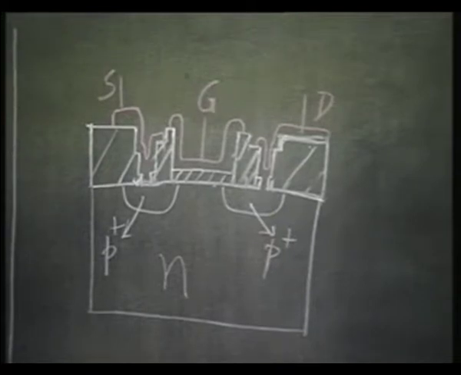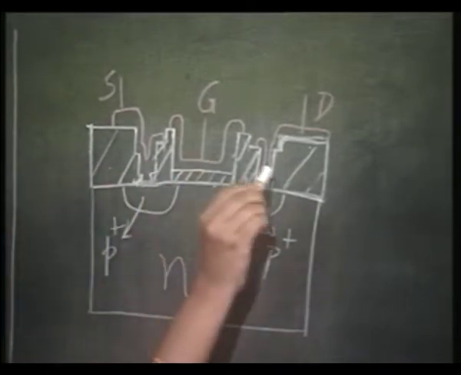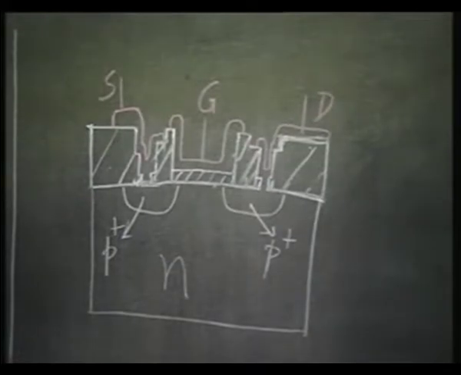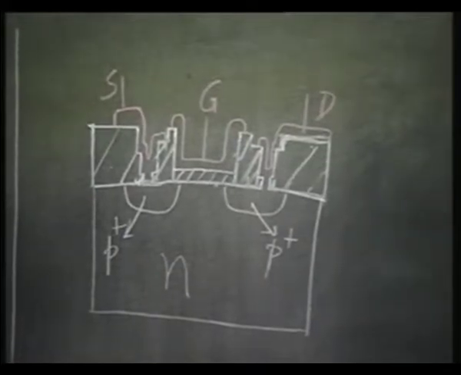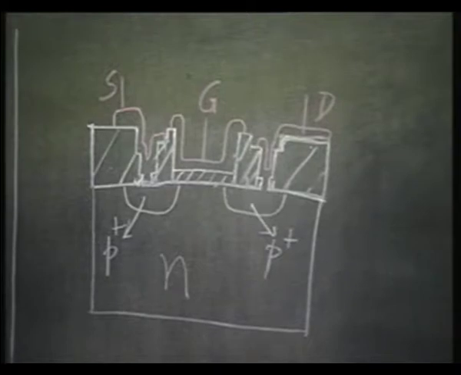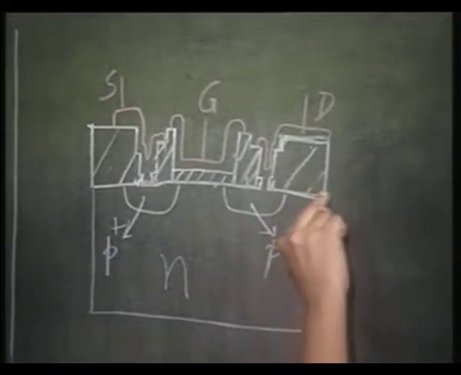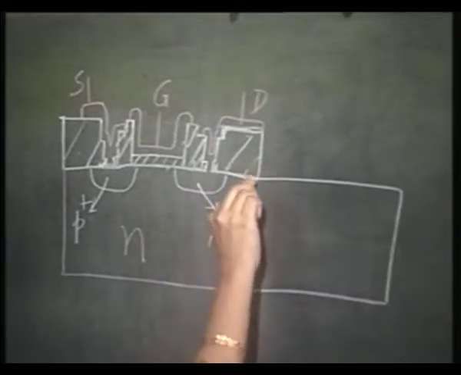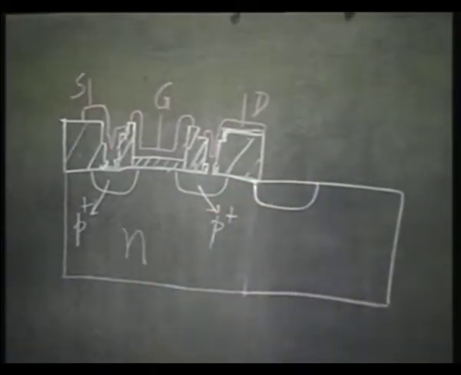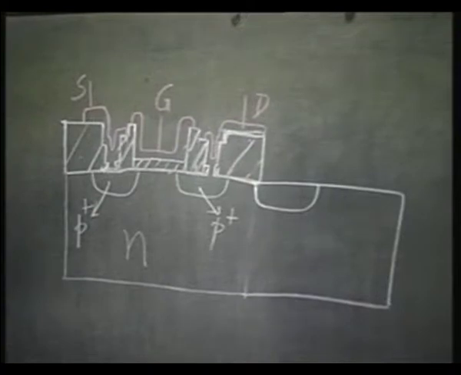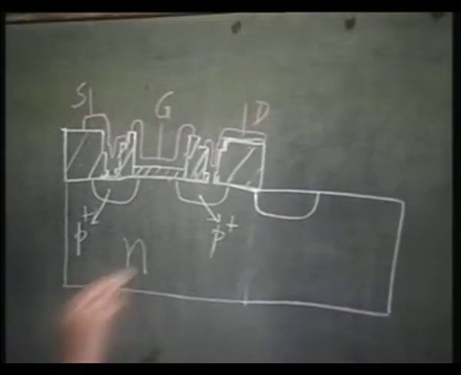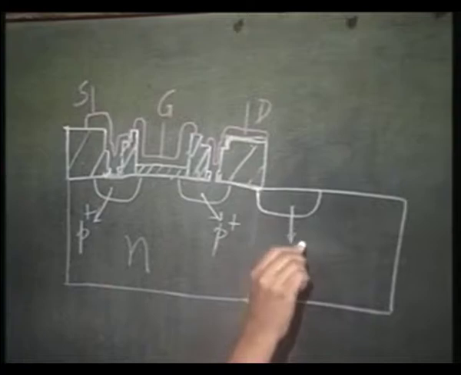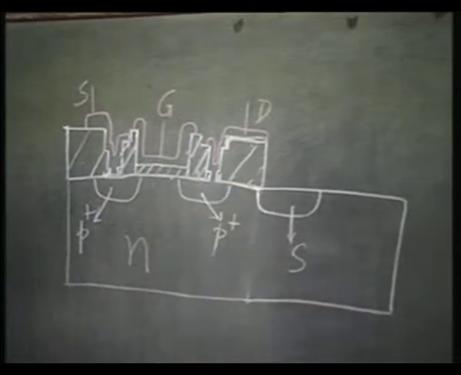The purpose of this thick oxide is to make sure that the parasitic MOSFET does not get turned on. What do I mean by the parasitic MOSFET? Let me extend this. I have another device here, that is also, let us say, the source of the next MOSFET.